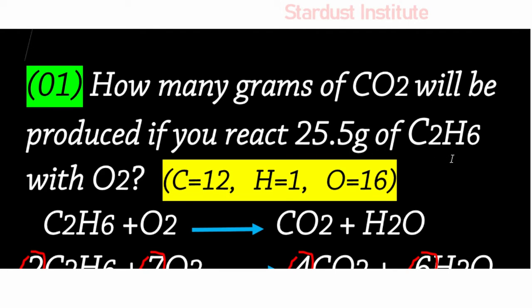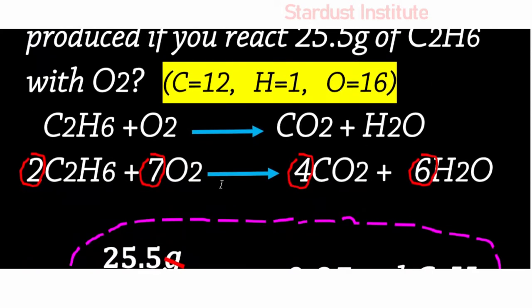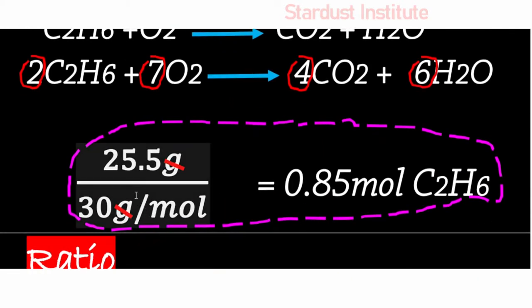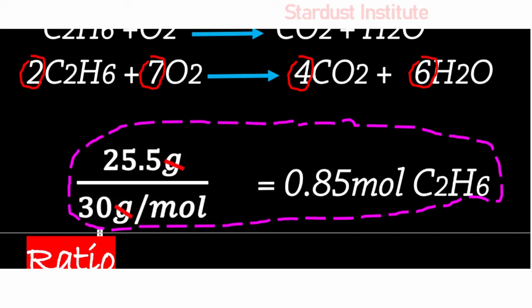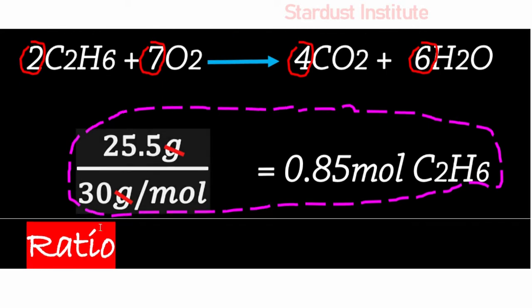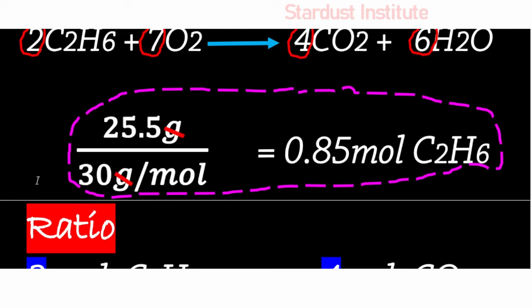Molar mass of C2H6 is 12 times 2 carbons, 24, and 6, 30 grams per mole. 25.5 grams divided by 30 grams per mole, then we get 0.85 moles of C2H6.